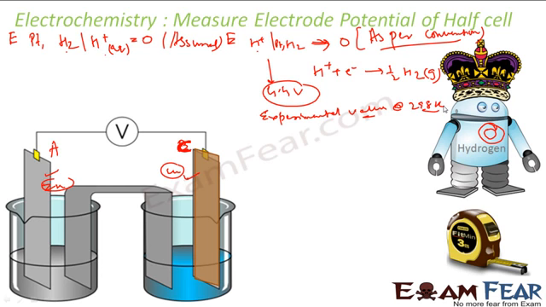But just for the basis of comparison, hydrogen potential is declared to be 0 at all temperatures. Please note, it is declared to be 0 at all temperatures.